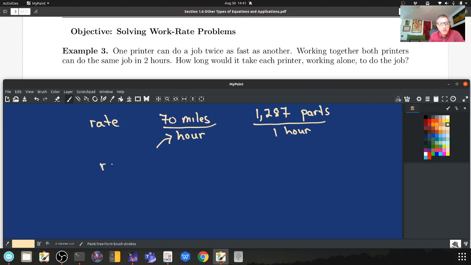The rate of work is usually how many jobs, just like over here, jobs per hour or some other time reference. It could be seconds, it could be milliseconds. Think about, for you computer geeks out there, I am one too, but especially you gaming geeks, I am not. You think about, oh, I want a fast processor. You want to know how many operations per second that processor can do. That's a rate.